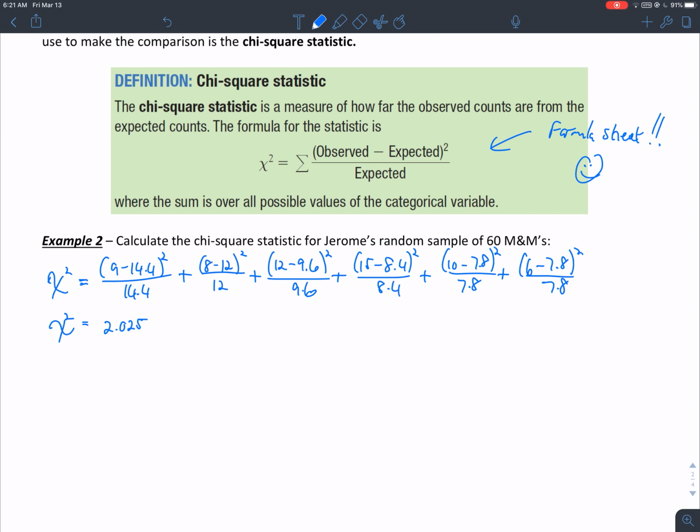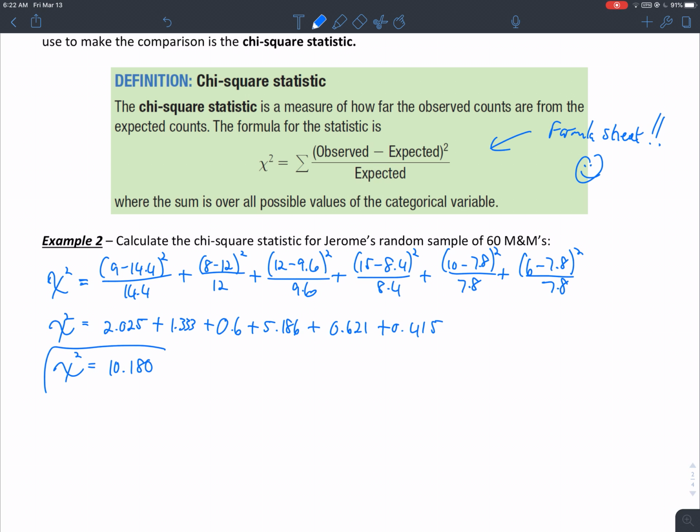Now, for a goodness of fit test, I think your calculator gives you these numbers, so you don't have to manually do what we're doing here every time, but these numbers are important. 186 plus 0.621 plus 0.415. And if I add all that up, you get 10.180. So there's my chi-square statistic.